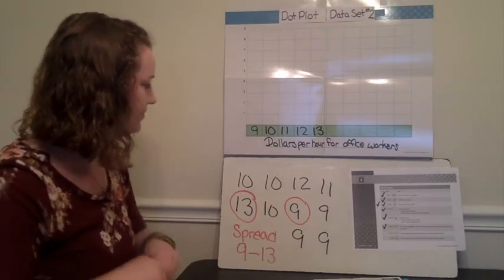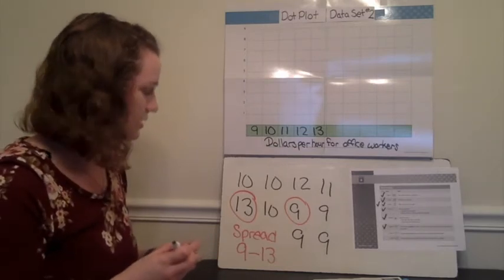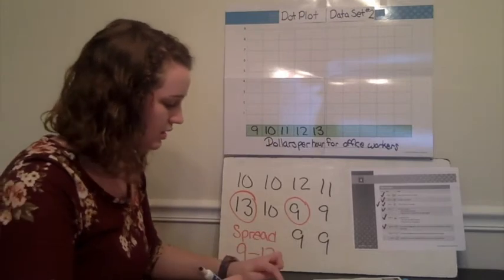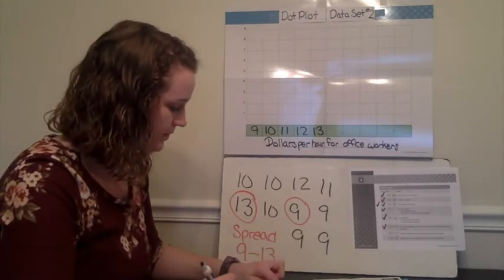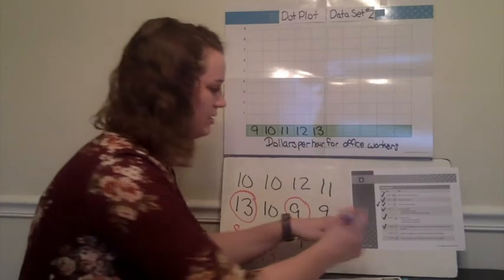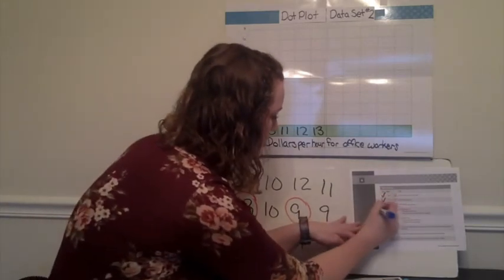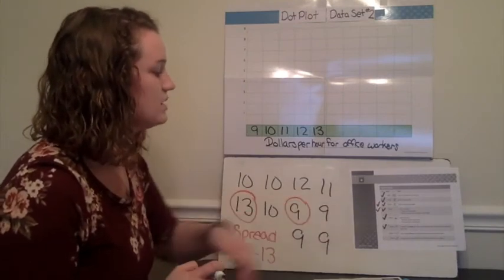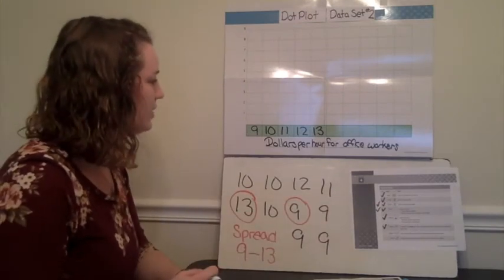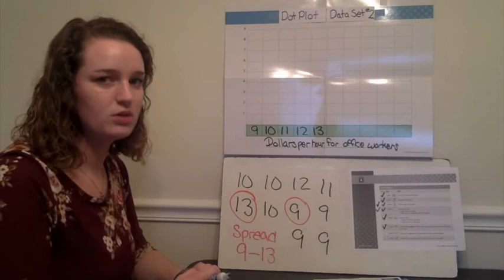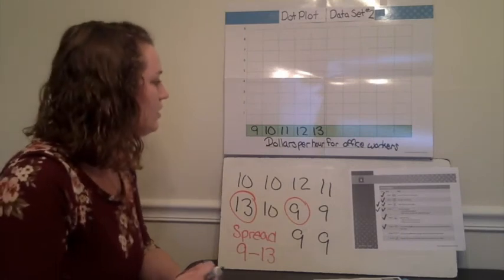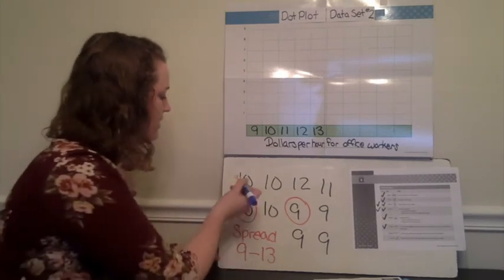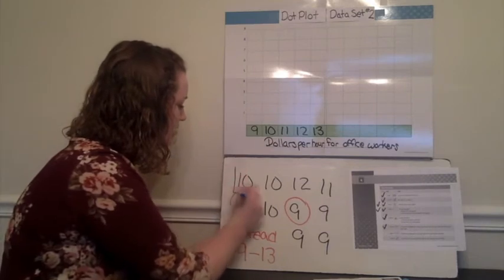Okay, now we're going to put our dots on here. Actually, we finished step 4 again, didn't we? Step 4, I'm going to put another check right next to it. We did step 4. So step 5 is to graph the data. We got to put our dots on there for our dot plot. Okay, so look at our data set. What's the first number we have here?